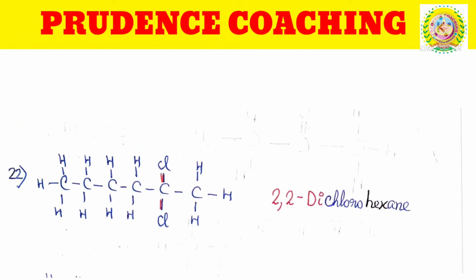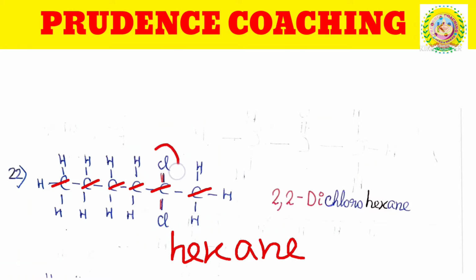Now let us move on to number 22. So here 1, 2, 3, 4, 5, 6 carbons are there. So you write hex. In between the carbons we have single covalent bonds, so ane. But here we have 2 functional groups, that is chlorine attached with the single carbon. If I find the position of carbon from this side, you will get 1, 2, 3, 4, fifth position.